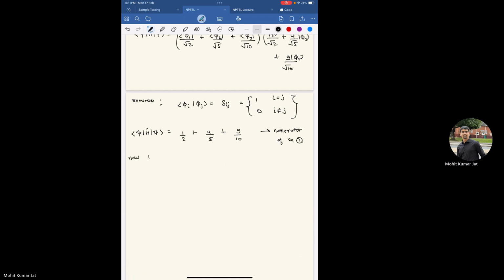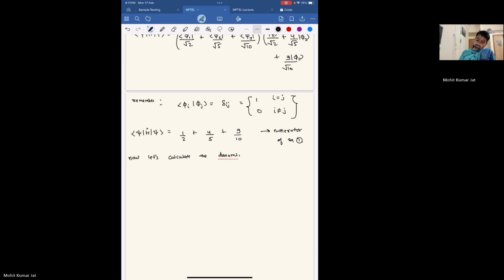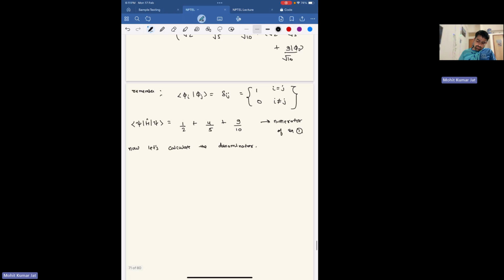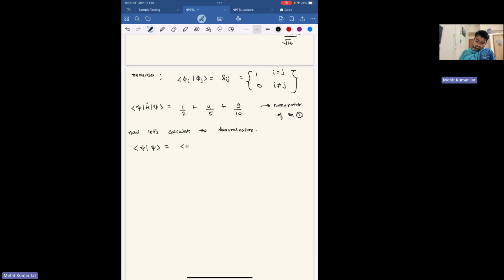Now let's calculate the denominator. So the denominator will be psi with psi, and that will be phi 1 by root 2 plus phi 2 by root 5 plus phi 3 by root 10 times phi 1 by root 2 plus phi 2 by root 5 plus phi 3 by root 10.